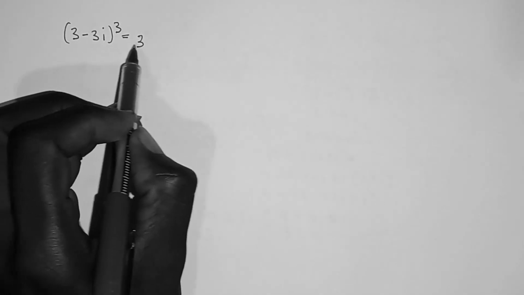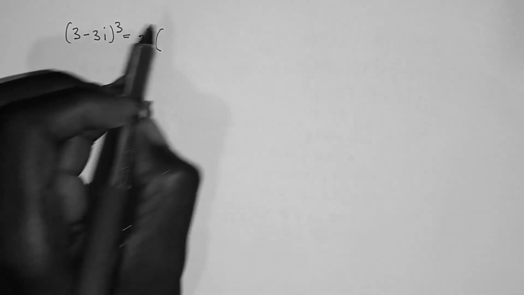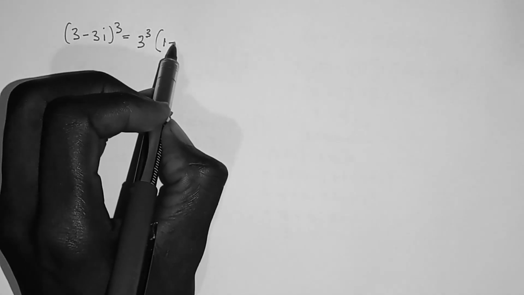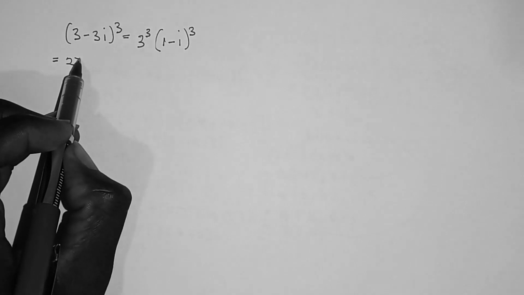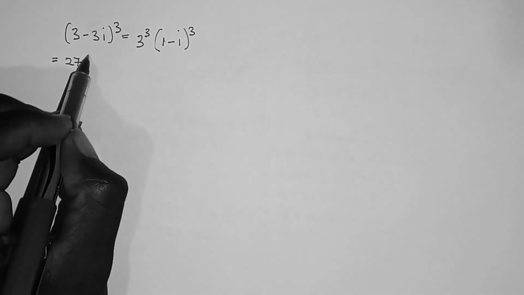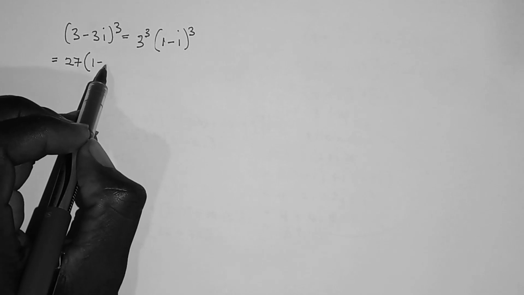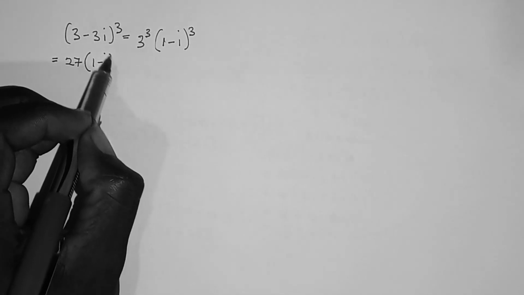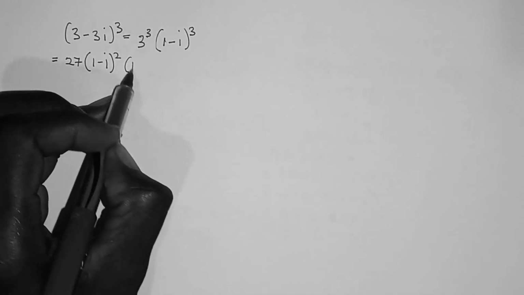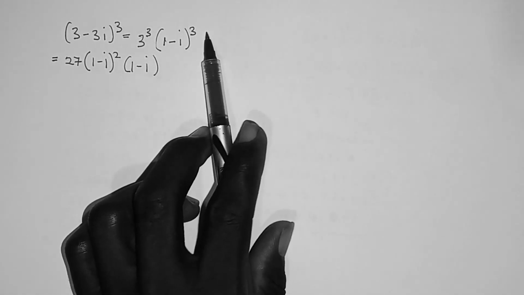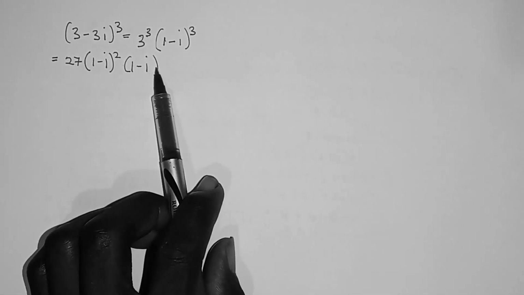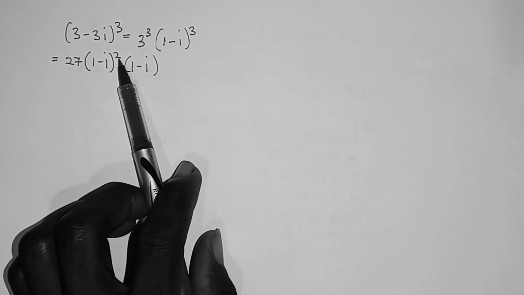So if you factorize 3, it will be 3 exponent 3 times, here we'll be left with 1 minus i cubed. 3 exponent 3 is 27, so this is equal to 27, and then times 1 minus i squared times 1 minus i, because we said this is 1 minus i cubed, so we can factorize 1 minus i out, and we'll be left with 1 minus i squared times 1 minus i.